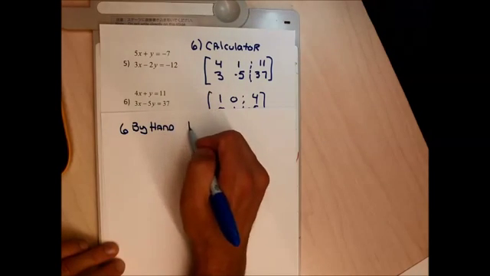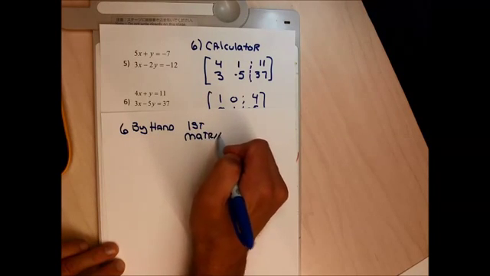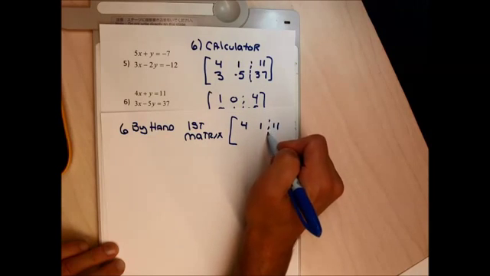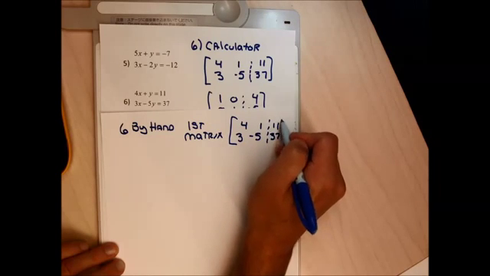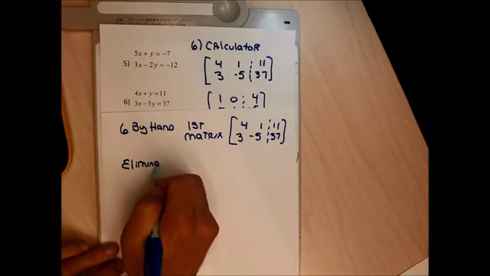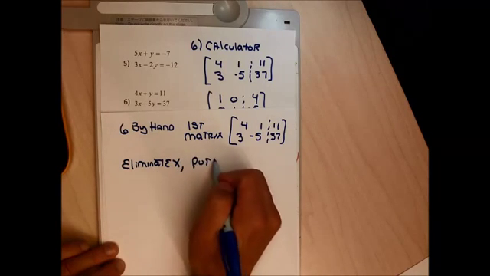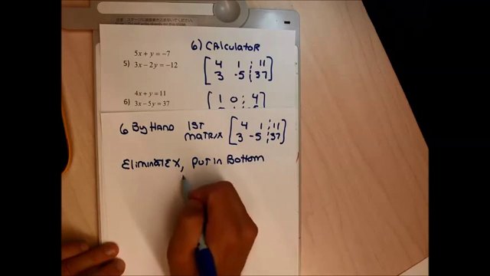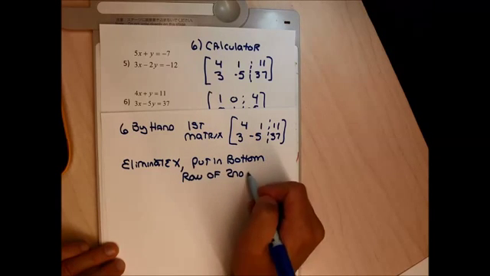So my first matrix is going to have 4, 1, 11, 3, negative 5, 37. Step 1, eliminate the x's, put in the bottom row of the second matrix.